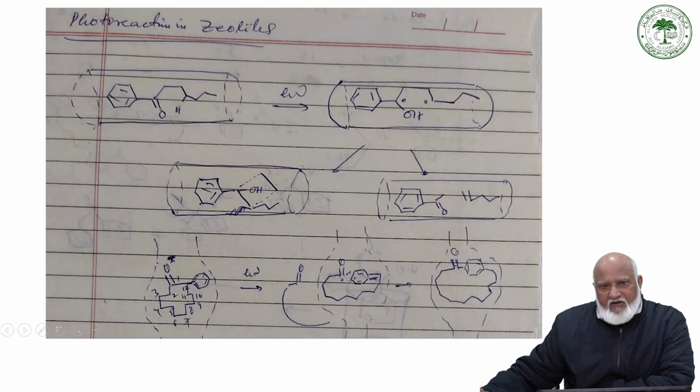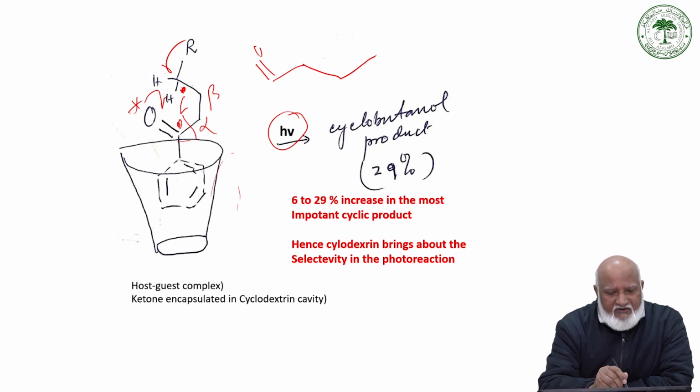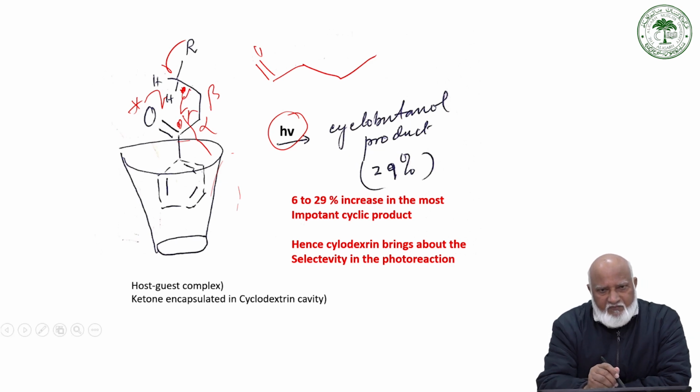But of course we cannot rule out other possibilities, such as alpha bond cleavage, that is the Norrish type 1 reaction, as well as the fragmentation of the 1,4-diradical, which gives an alkene. But it has a better chance to abstract gamma hydrogen and generate a radical.